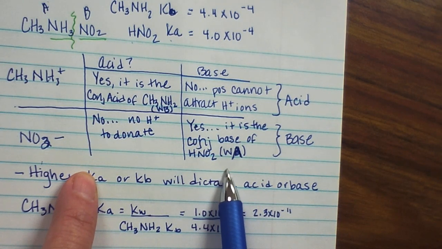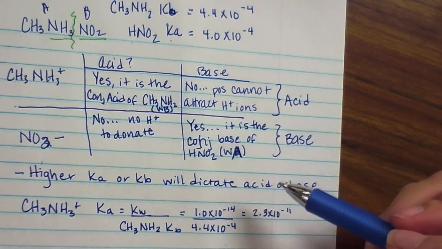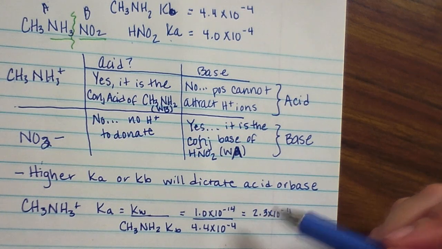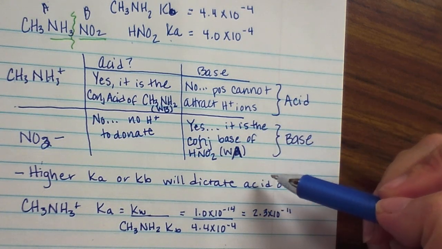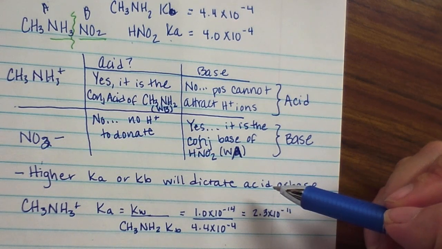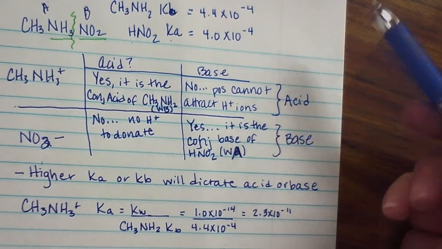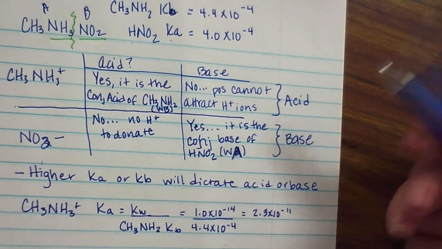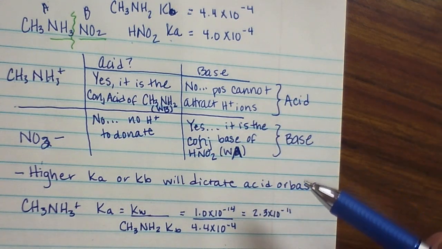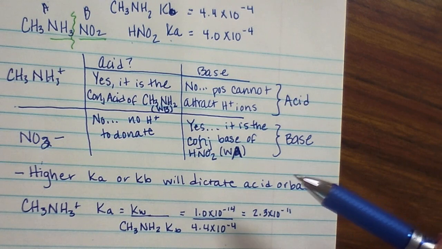If it is, then you have to determine whether it's a weak conjugate acid or a weak conjugate base. If it's from a strong acid or a strong base, then you're going to have a very weak and neutral compound, like sodium from sodium hydroxide. It did nothing to turn the solution basic or acidic. The NO3 was neutral from nitric acid, and so was the chloride from hydrochloric acid, completely neutral, right?